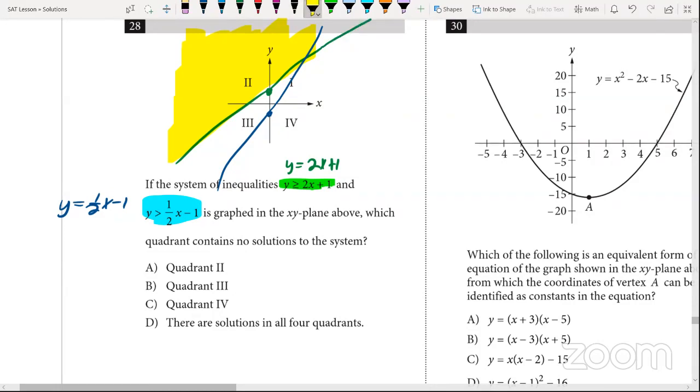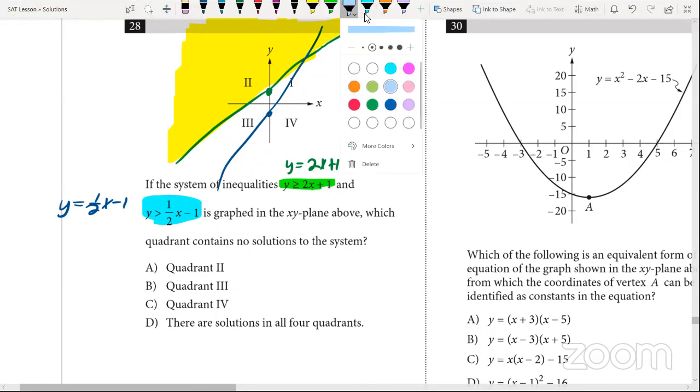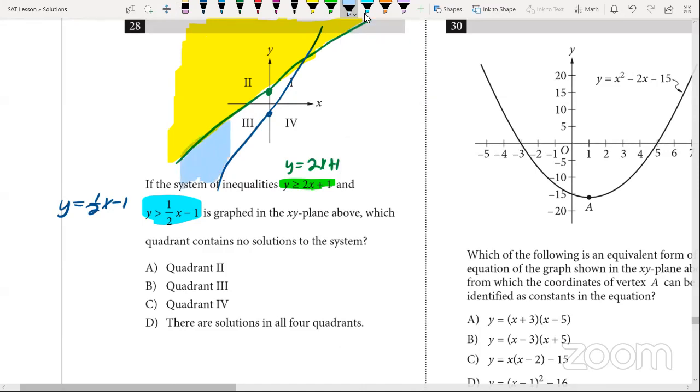So just to be a little careful, we're shading above the green line, which created this yellow region. And now we're going to shade above the blue line, which is going to create this blue region here. But as we keep shading upward, we see the double shading changes color.